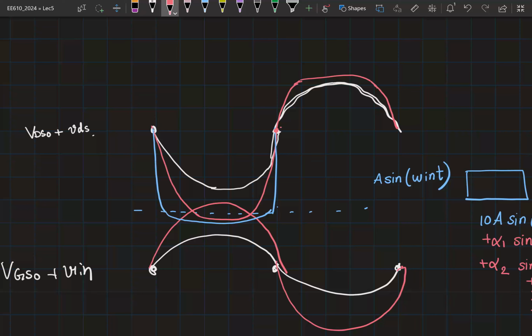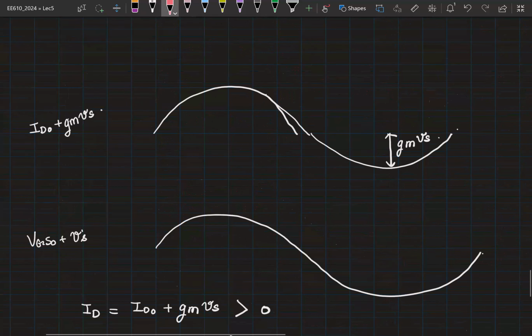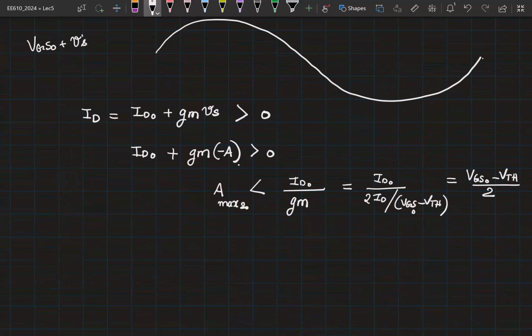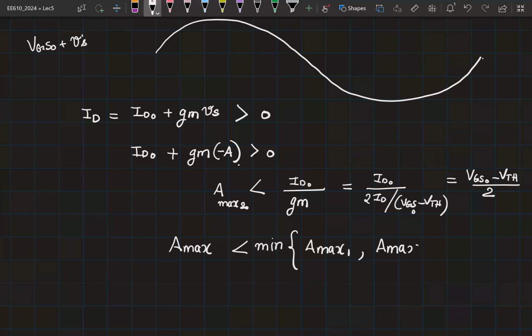So you can get a clipping at the output, right? You don't want to get a clipping either during the negative cycle or during the positive cycle. So whichever of the two is smaller, you have to make your limit smaller than that. So the maximum input you can feed has to be smaller than the minimum of A max 1, comma A max 2.